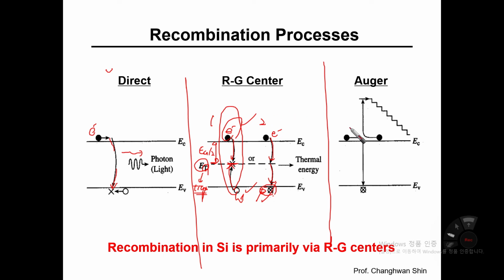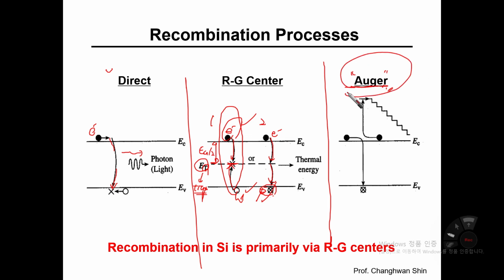All right. The last type of recombination process is illustrated on the right-hand side. So here, can you pronounce it? Can you say this word by yourself? A few students would say "ogre" or something like that.